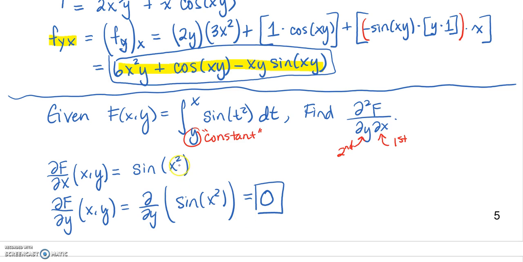So this sine of x squared is treated as though it were a constant, and so this would actually end up being a partial derivative. Oops. This should be a squared, and I should have a partial x there. My apologies. There we go. That looks better. And so this would end up being 0.